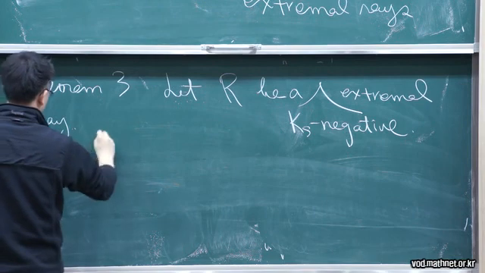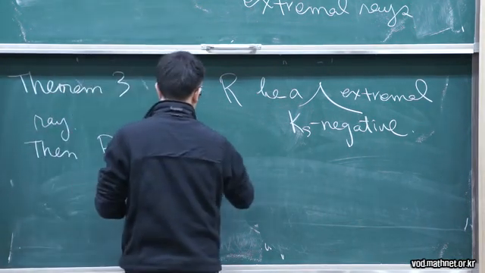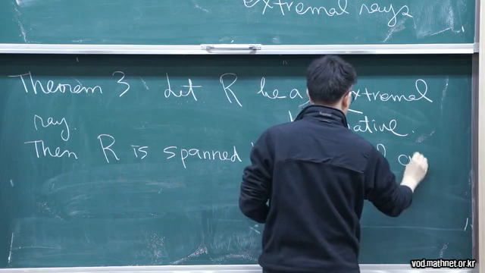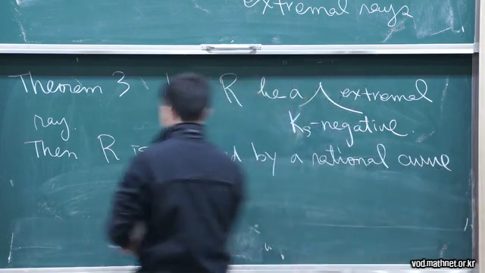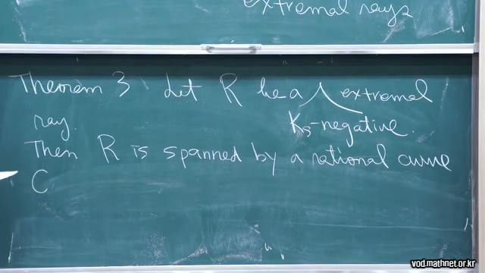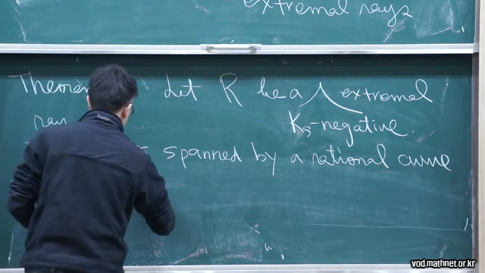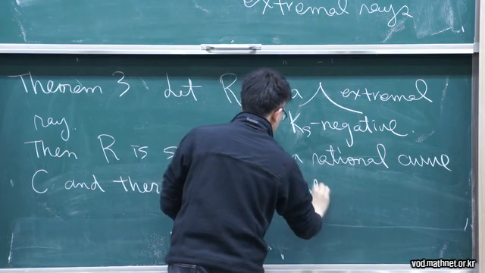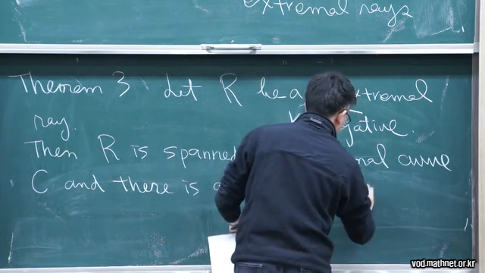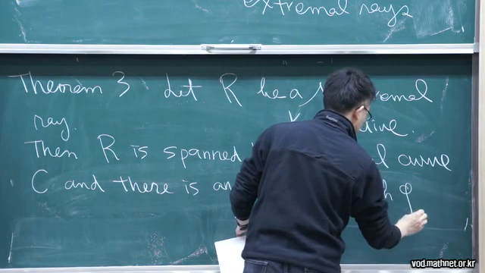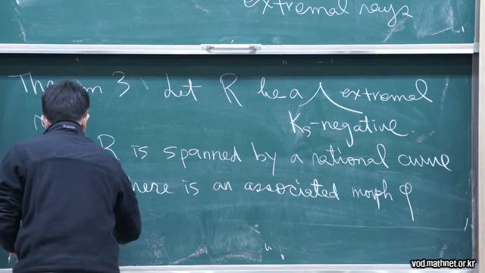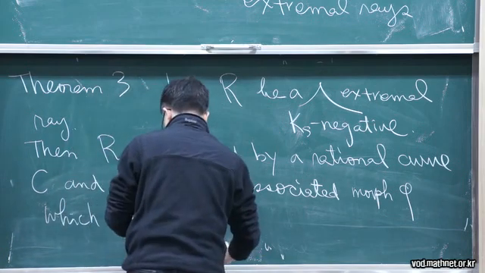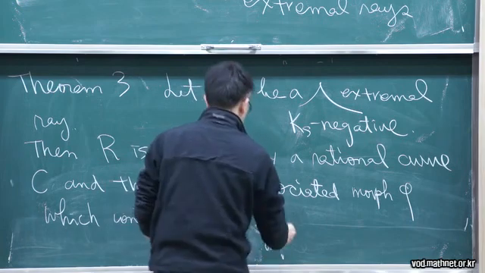Then R is spanned by a rational curve C, and there is an associated morphism pi, which contracts C as follows.